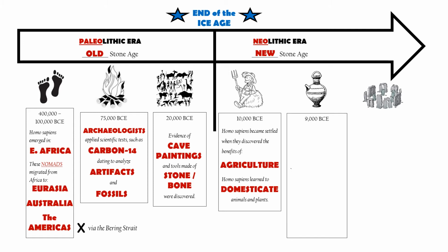By about 9000 BCE, these permanent settlements that were based on agriculture led to job and tool specialization. So there became specific jobs in our settlements, and each job had specific tools needed for that job.